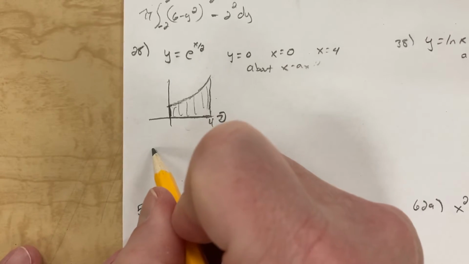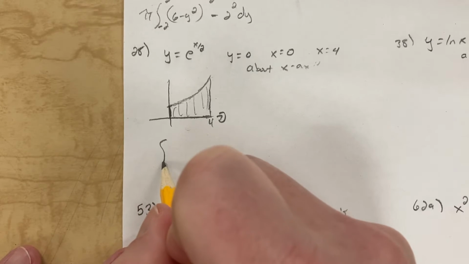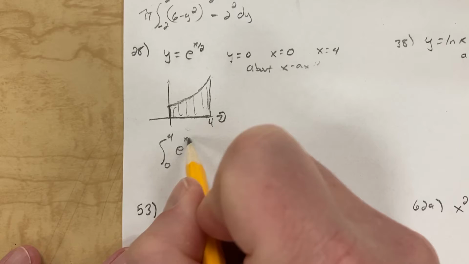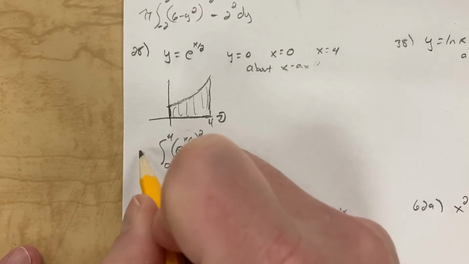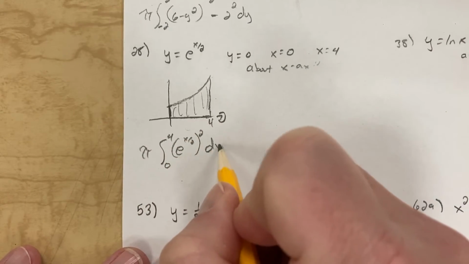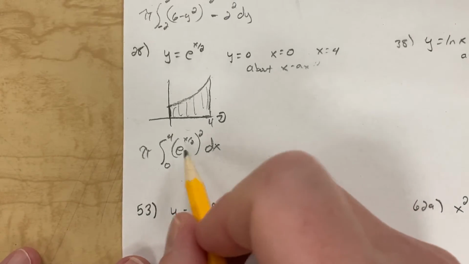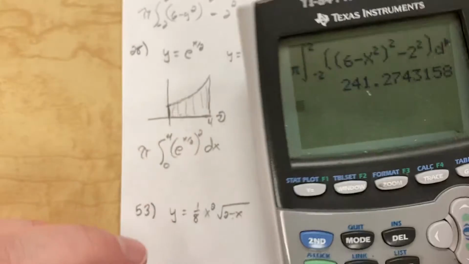So we'll have the integral from 0 to 4 of e to the x over 2 squared, pi times that, and then dx. Okay. And so we can put that right on a calculator and see what that equals.